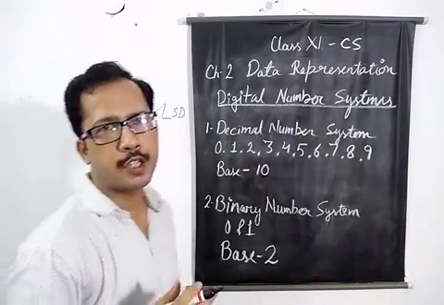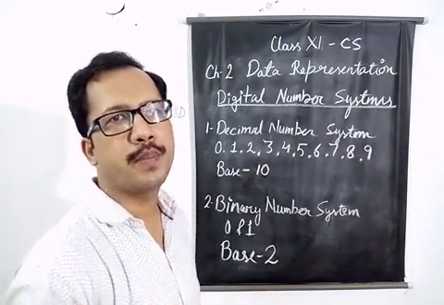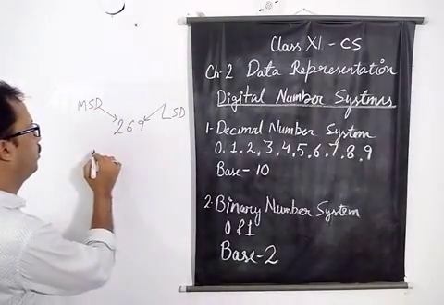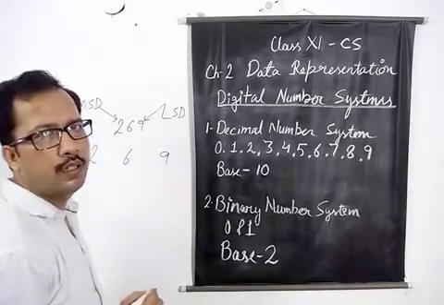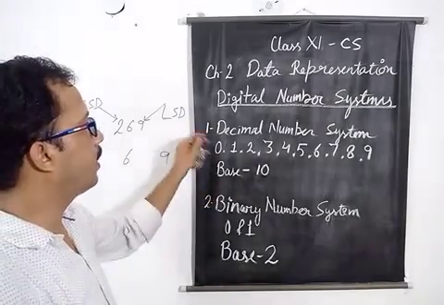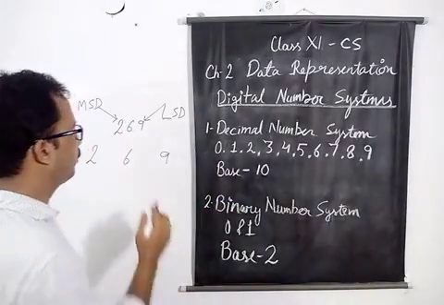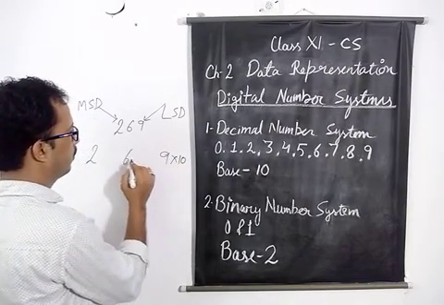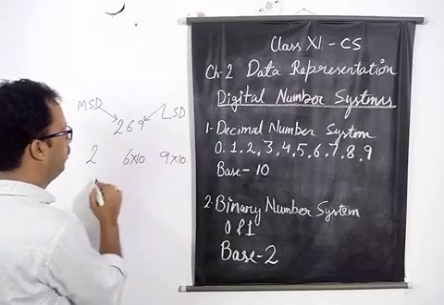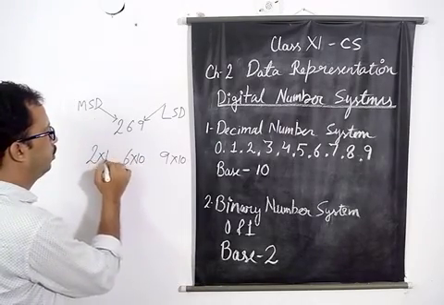The number can be expanded into the base form like this: 2, 6, and 9. I already told you that the base of the decimal number system is 10. So 9 into 10, 6 into 10, and 2 into 10.